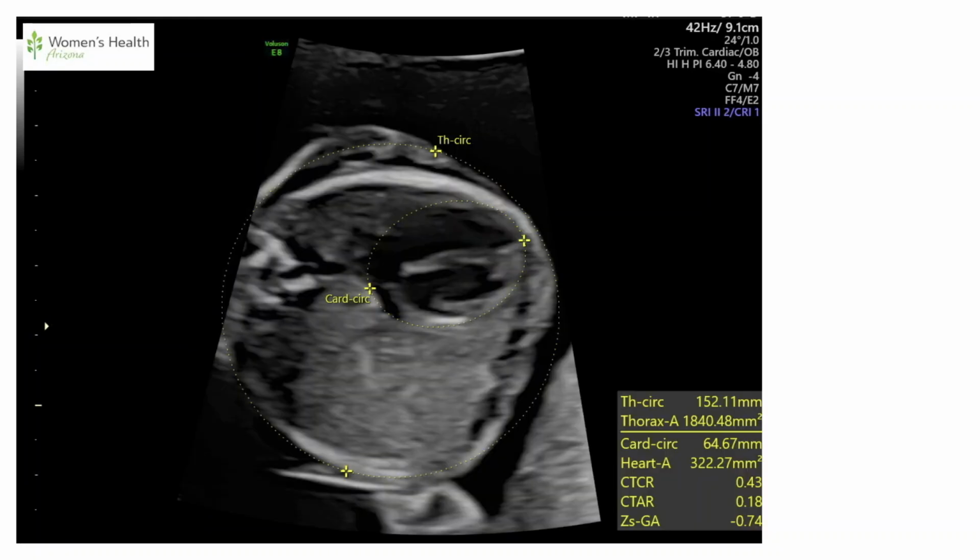The same thing here. And this is where we have the cardiothoracic ratio that is calculated, and we see that the CTCR is less than 0.5, so that is an abnormal measurement.